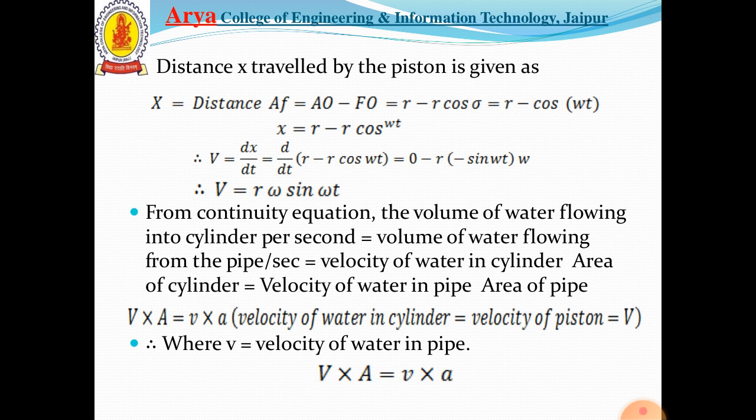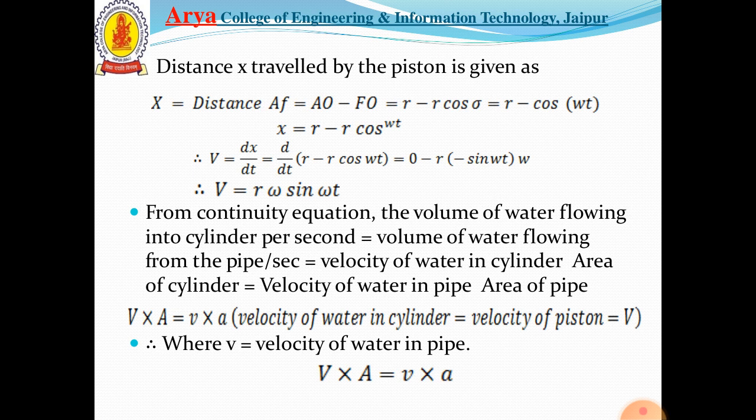From the continuity equation, the volume of water flowing into the cylinder per second is equal to the volume of water flowing from the pipe per second. That is, the velocity of the water in the cylinder times the area of the cylinder equals the velocity of water in the pipe times the area of the pipe.